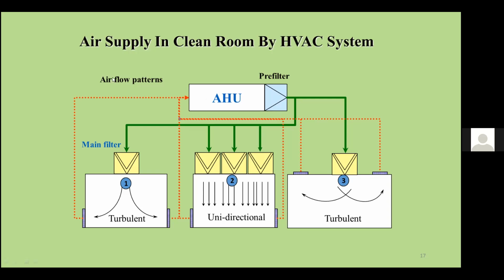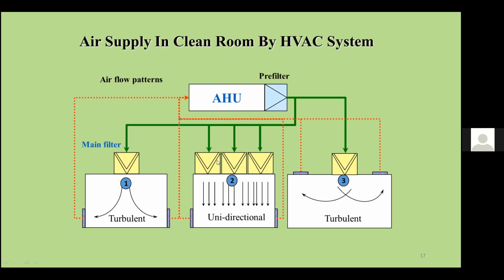The outside air is passed through that AHU unit, and then it goes on like that. Suppose this first image is turbulent flow. This is a different kind of turbulent flow. When we pass the air from the HEPA filter, the main filter, the air goes a little down, and then comes out through the ventilation units of the clean room. The second image is unidirectional, meaning laminar flow units.